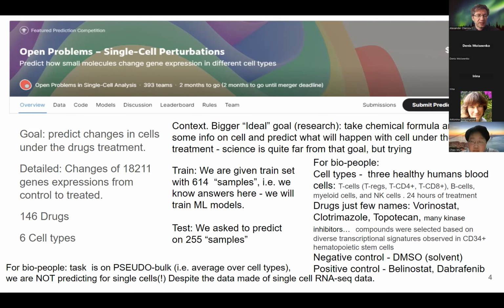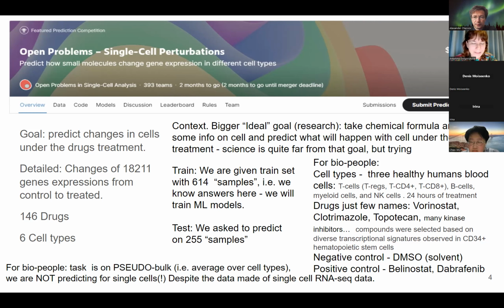Of course, we want this experiment to be done for many drugs, but it is very expensive. The restriction is that we have only 140 drugs, because this experiment is very expensive. Everybody wants to test all the drugs, but it's impossible.